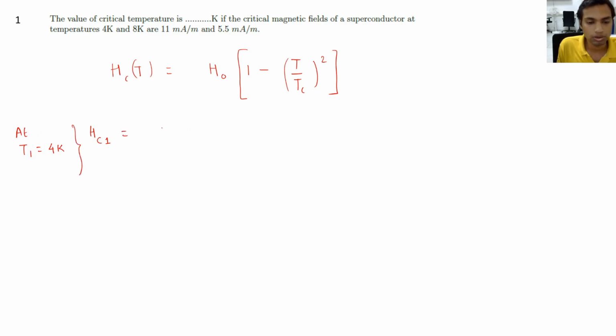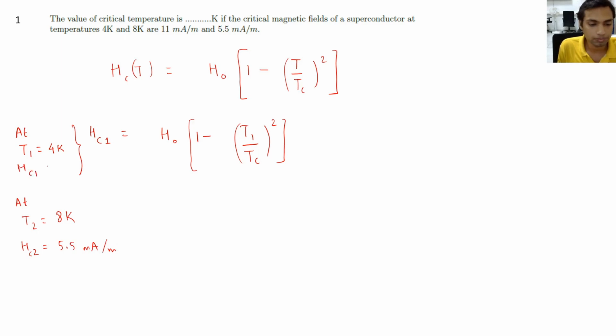Hc1 is equal to H naught times 1 minus T1 by Tc whole square, and at T2 equal to 8 Kelvin we have the critical field Hc2 equal to 5.5 milliampere per meter, where Hc1 is 11.